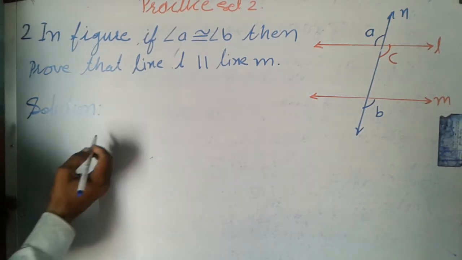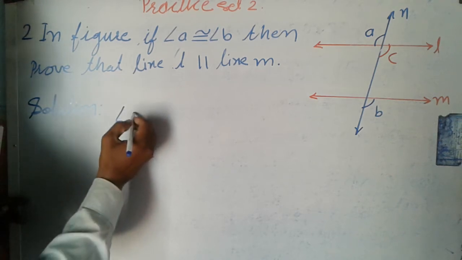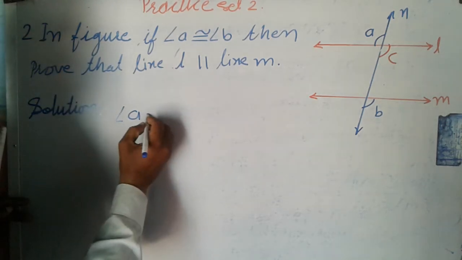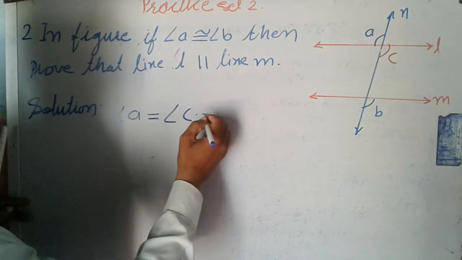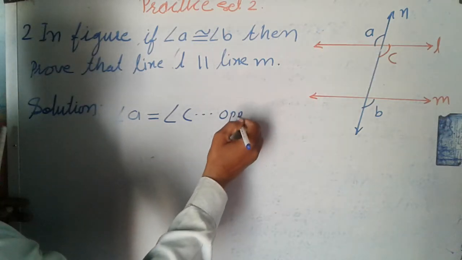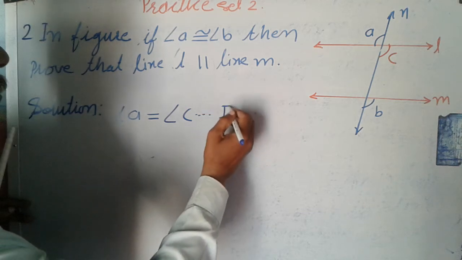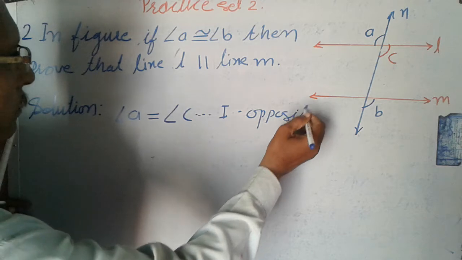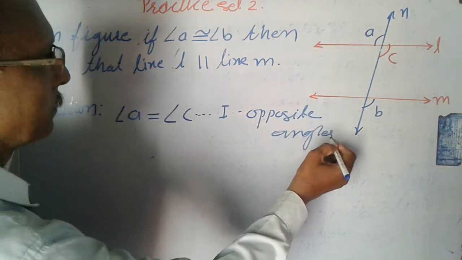Now see here, angle A is equal to angle C. Suppose this is statement 1. The reason is opposite angles.